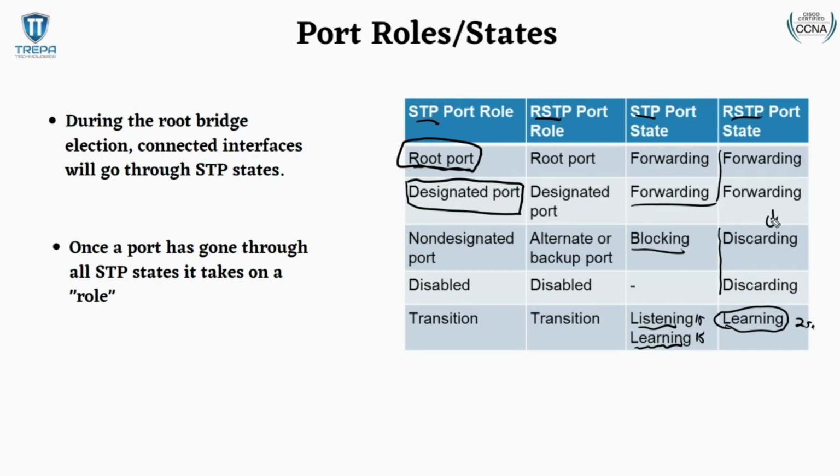Like I've told you, control plane traffic can still come in on our discarding ports because they have those specially reserved MAC addresses that the switch recognizes. Then notice for our rapid spanning tree port roles, we have alternate instead of just non-designated, which means nothing, right? And then we have designated ports, of course, which are the same, and then root ports, which function the exact same.